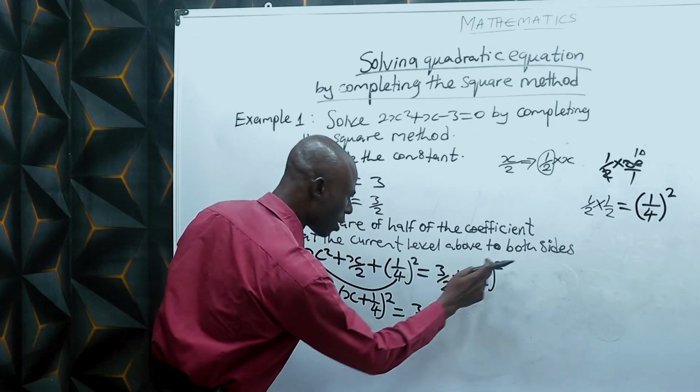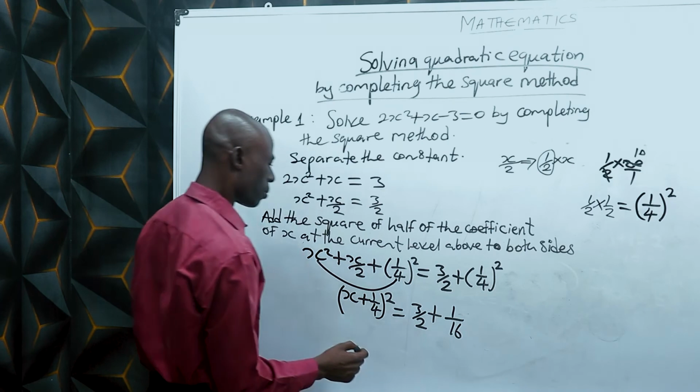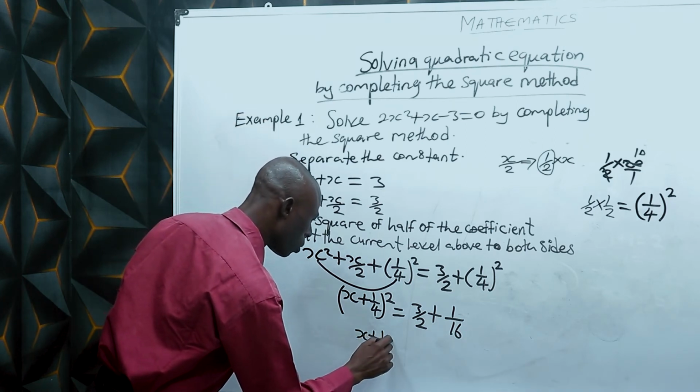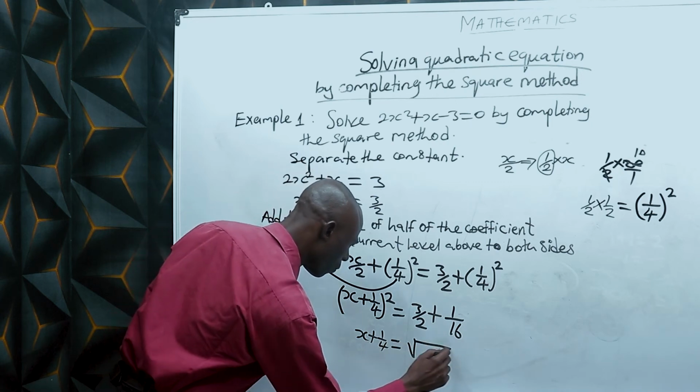How do you evaluate it? 1 square is 1. 4 square is 16.